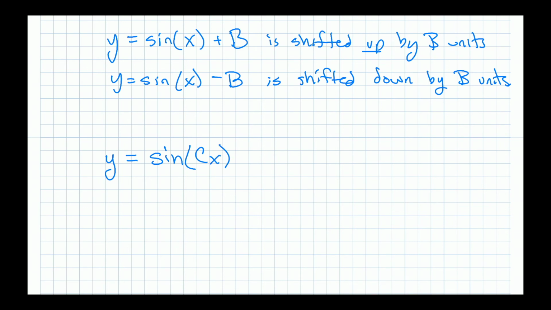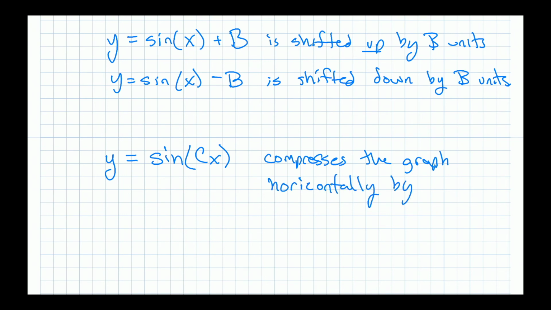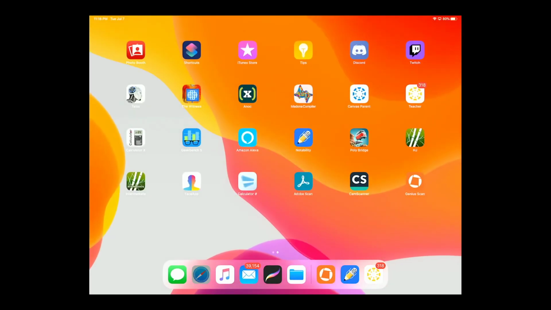That actually squeezes, which we would call compression. So I'll say compresses the graph horizontally by a factor of c. Now, you might not know what that looks like, but that's why we're going to graph it.